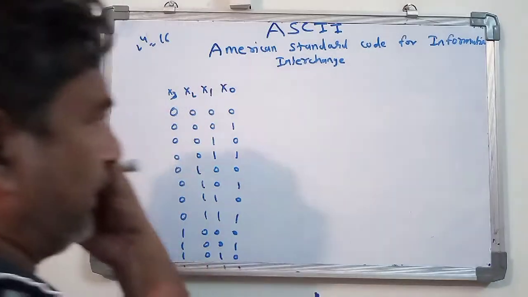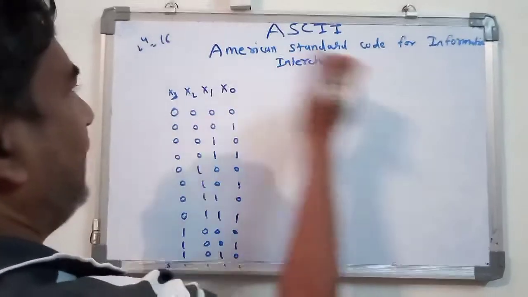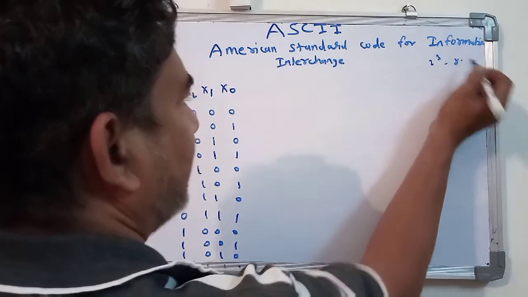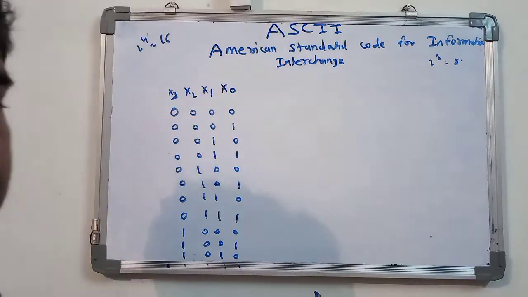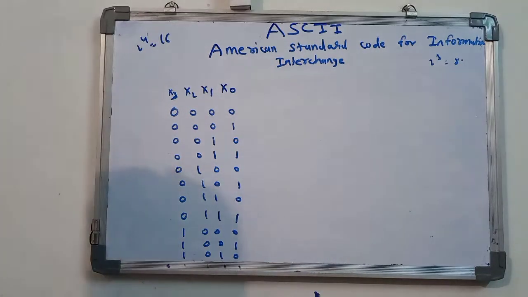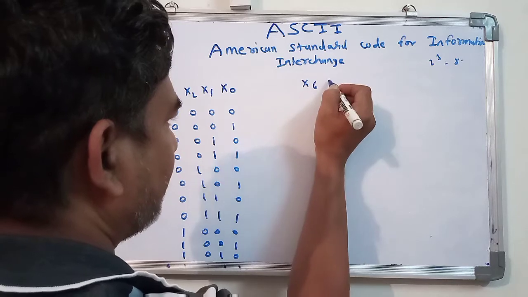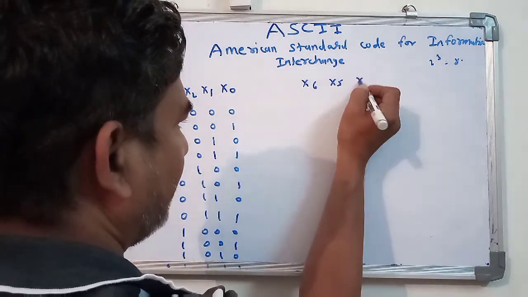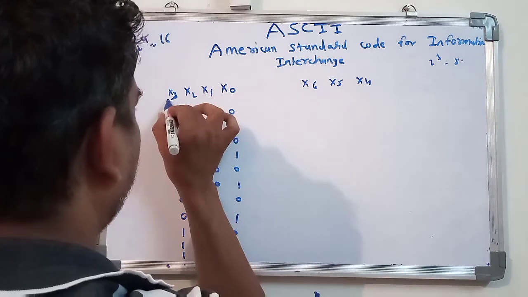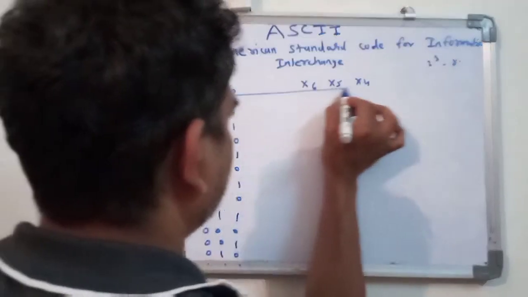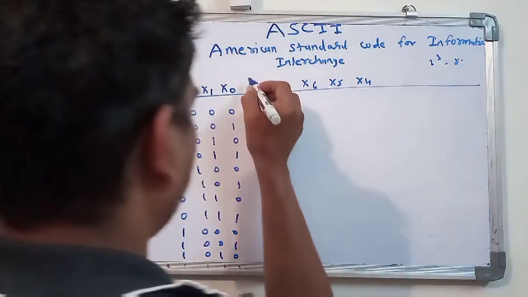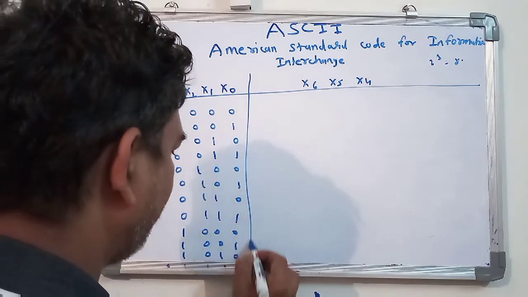Okay students, now the next number, that is 2 raised to power 3 is equal to 8. Here there is 8. We have to start that particular number with a value. That value is going to start from x6, x5, x4. Now this is the table which you have to keep in your mind.